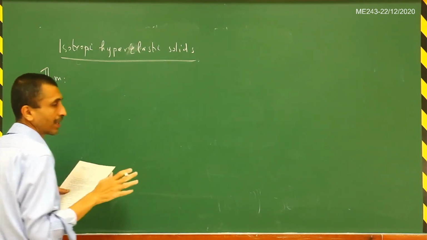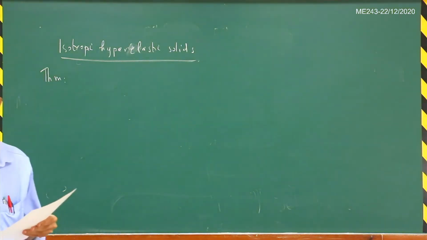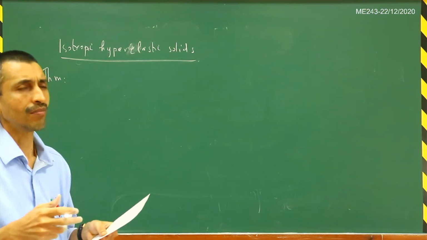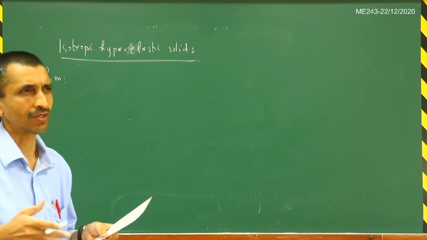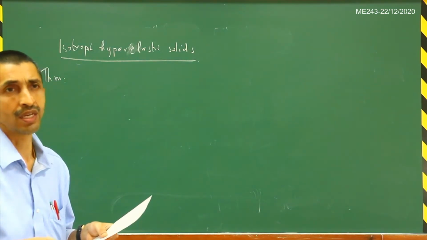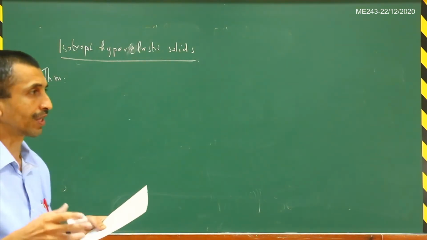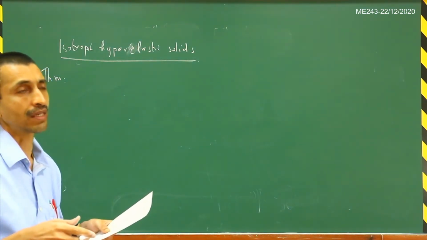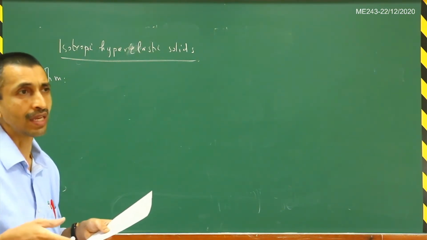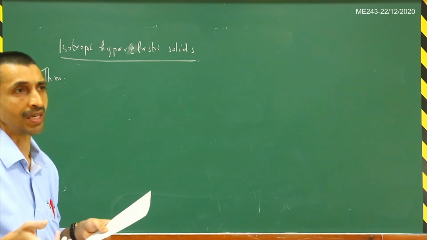Okay, just one thing is actually the converse I forgot to prove in the previous theorem, but that is fairly straightforward. So just reverse these steps and then you will get the converse. So if you are given that S hat is equal to del W by del E, then the material is hyperelastic.